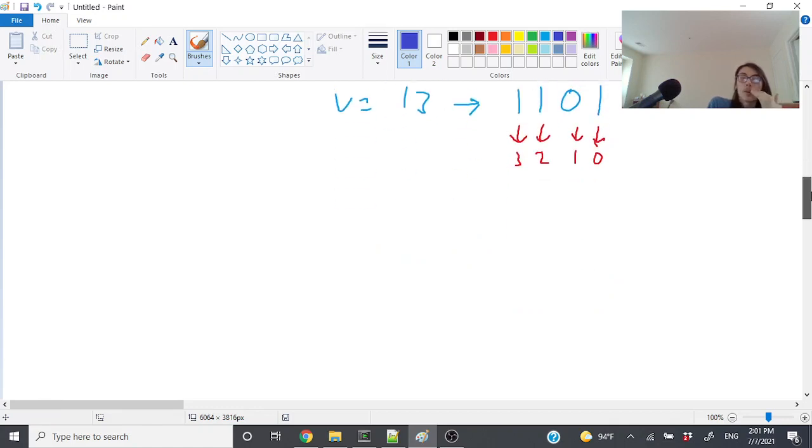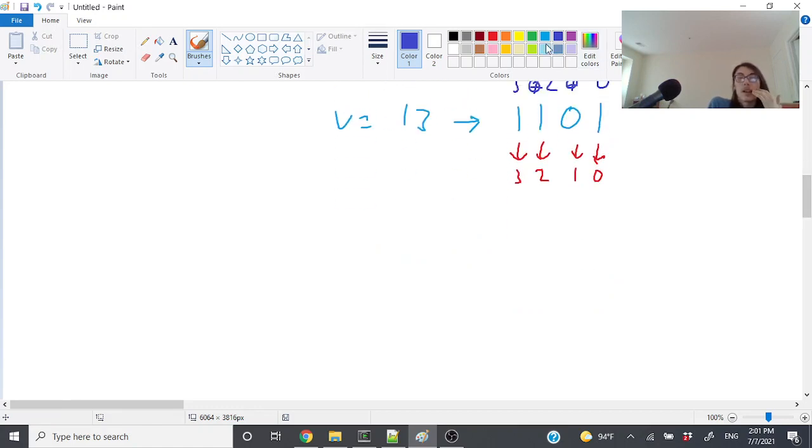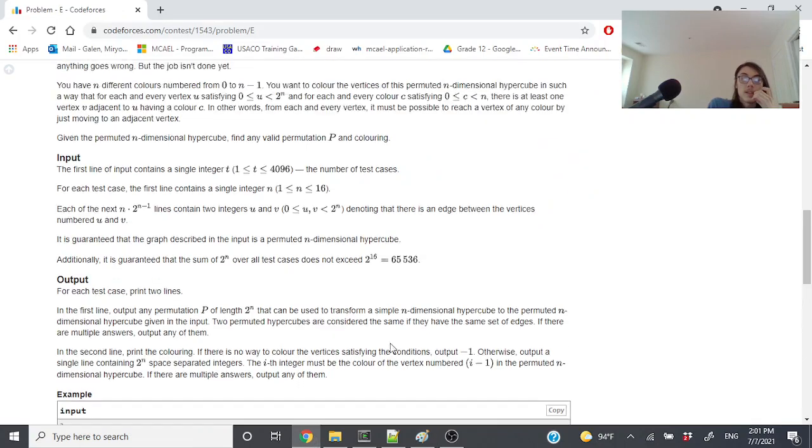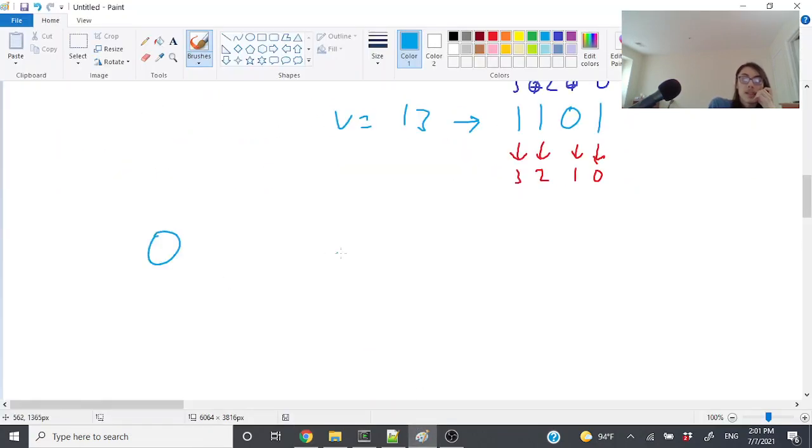And this works because of the way hypercubes work: there's an edge between x and y if and only if x and y differ in exactly 1 bit. For example, x would be 0, 0, 1, 0, and y would be 0, 1, 1, 0.